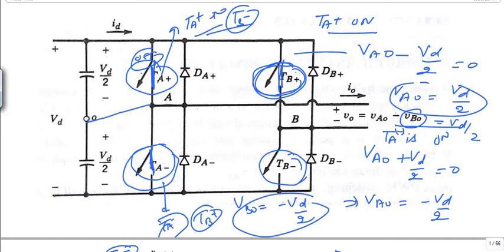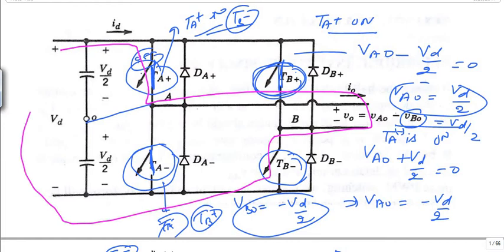Now when TA plus is on along with TB minus, we get the output voltage in this loop. Considering this loop, minus VD minus VD plus V naught must equal 0, so we get the output voltage as plus VD.